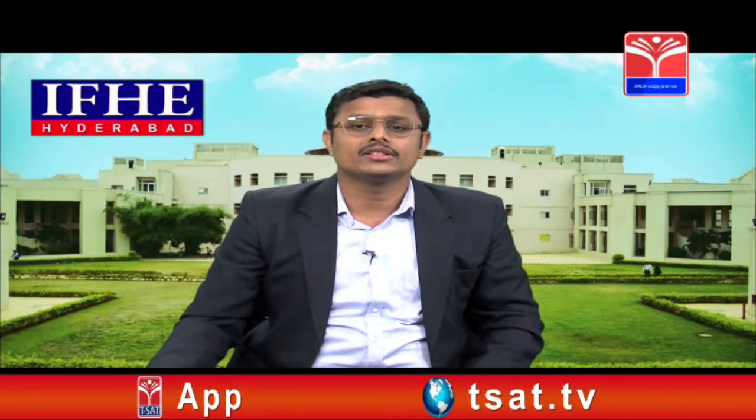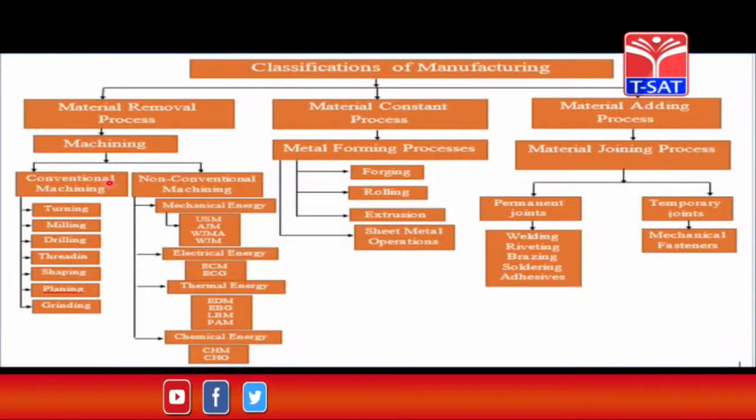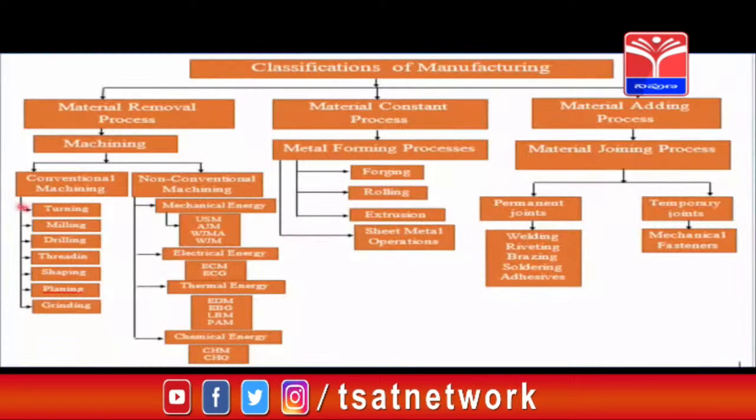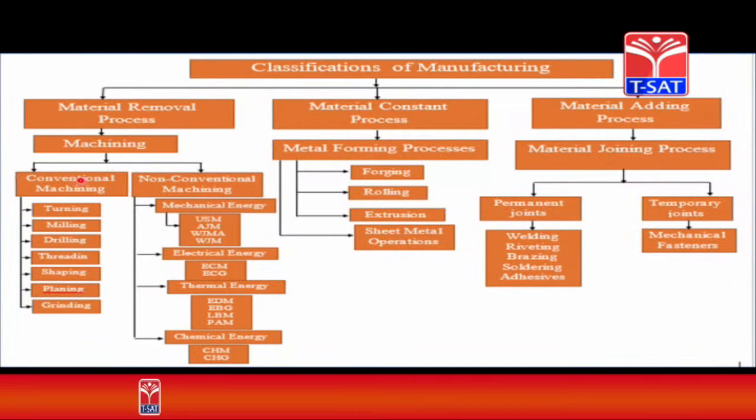These are the basic classifications of manufacturing processes. Now, here we are focusing only on the conventional machining process, my dear friends. What is that conventional machining? In conventional machining, there is turning, milling, drilling, threading, shaping, planing, grinding.